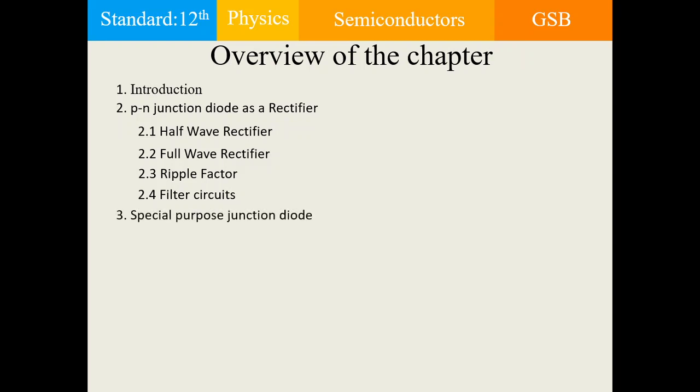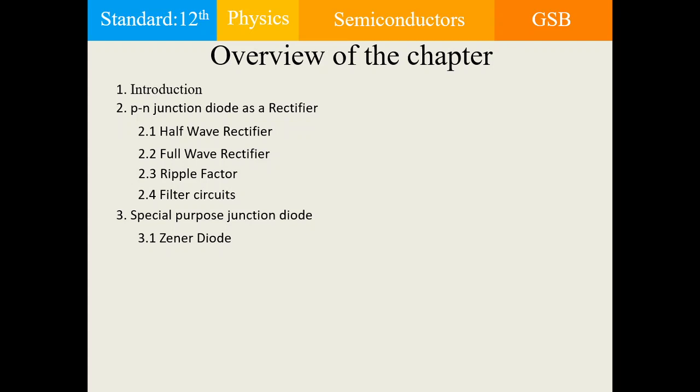After that, we'll be learning about the special purpose junction diodes. Apart from the PN junction diode, which we have already learned in detail in the 11th standard, we'll be learning the Zener diode. What is the use of the Zener diode? It is used as a voltage regulator, for maintaining a constant voltage across the output terminal.